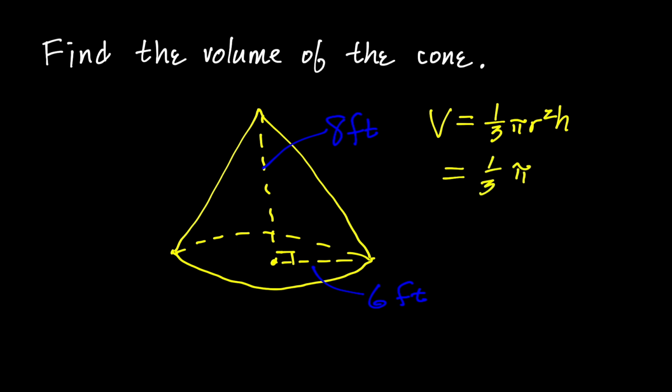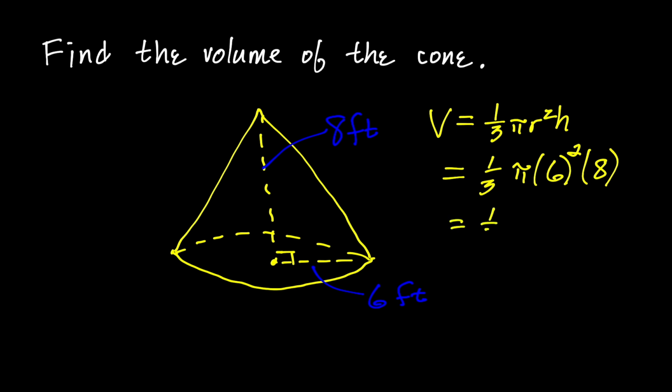My radius is right here, so that's a 6. I'm going to substitute that into my formula, and I want to remember to square it. A common mistake is to forget to square this. It's r squared, so it's 6 squared times the height. The height happens to be 8.